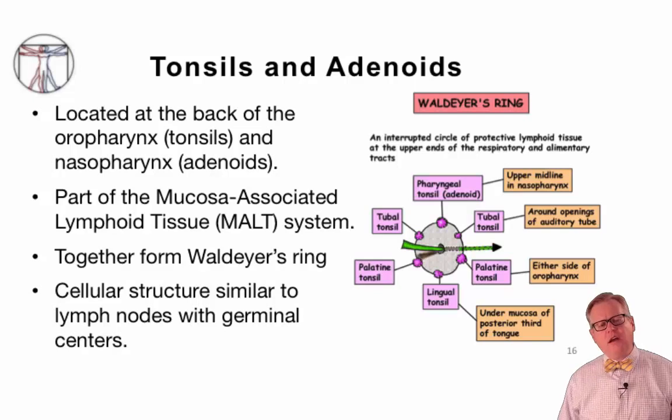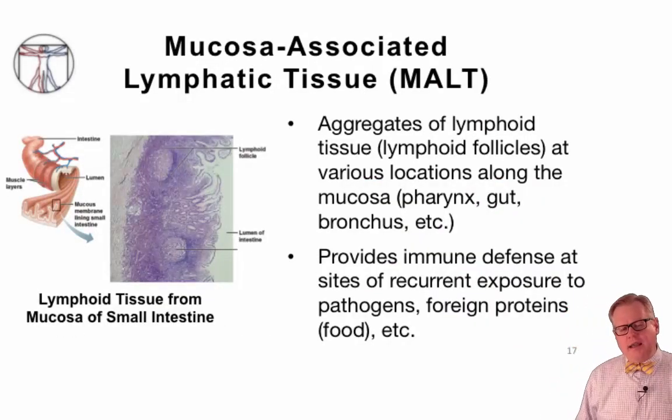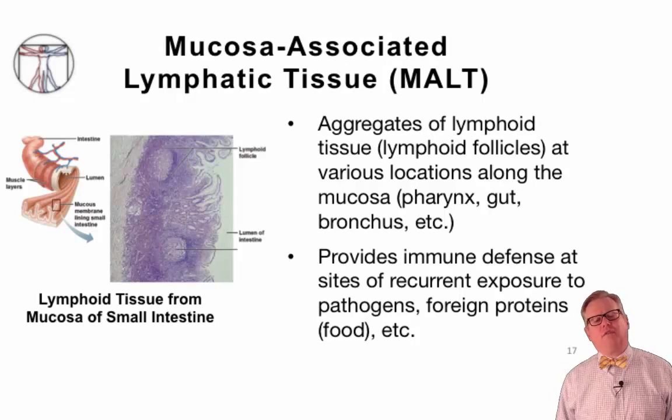This is part of the mucosa-associated lymphoid tissue, which allows the immune system to interact with all of the things that are ingested in our bodies. The mucosa-associated lymphoid tissue is made up of aggregates of lymphocytes that make up lymphoid follicles like those that are in lymph nodes.